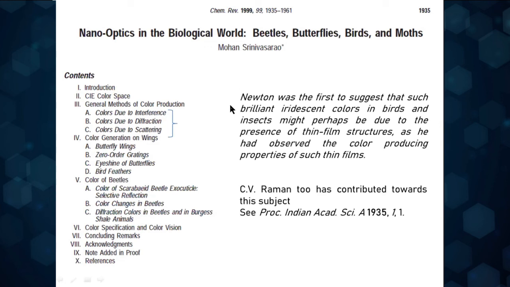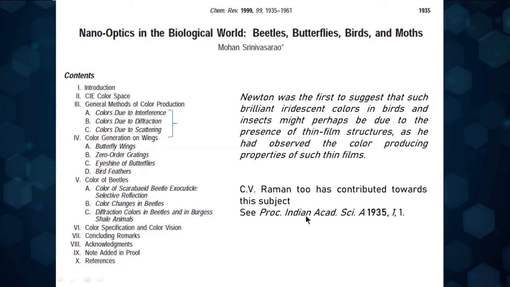Newton is known for many things, but he's also one of the pioneers in optics, as many of you probably are aware. There's also another big person from India, C.V. Raman, who was also obsessed with optics, and who was outstanding in actually connecting optical processes to a natural environment. He has also contributed to this particular area.